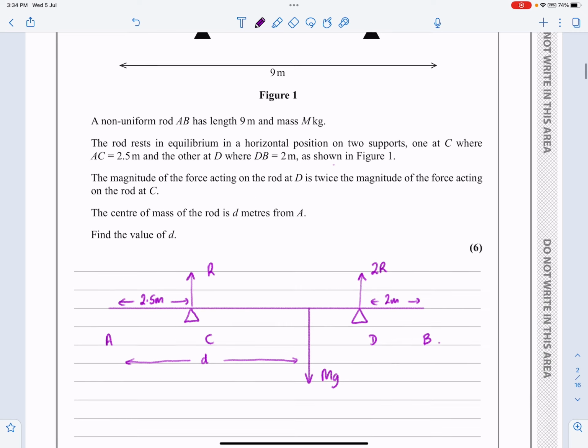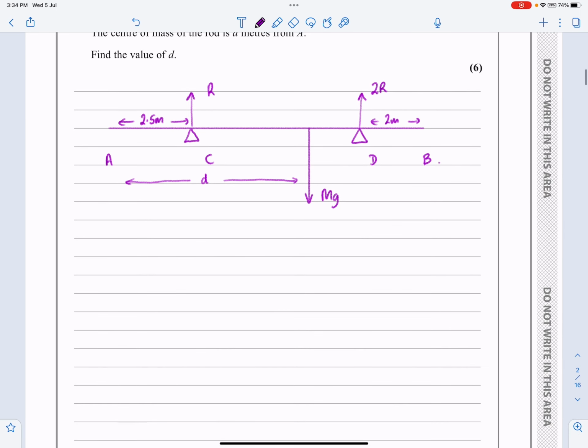They want us to work out what the value of D is. So, pretty standard style question. First of all, I'm going to look at the forces acting vertically, and we're in equilibrium, so I know that they'll balance out. And then I'm going to decide to take moments. When I take moments, I can take it about A, about C, about anywhere I want.